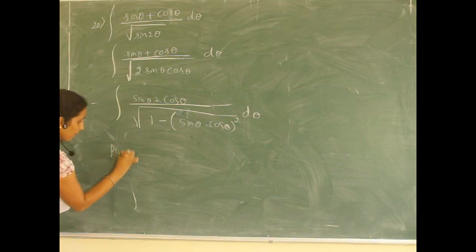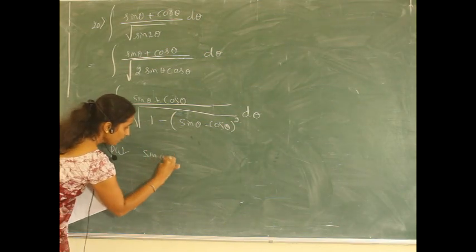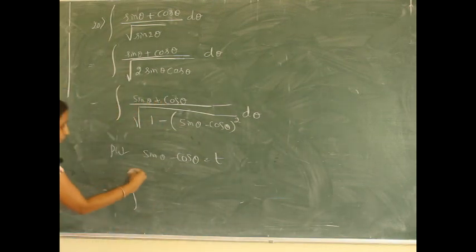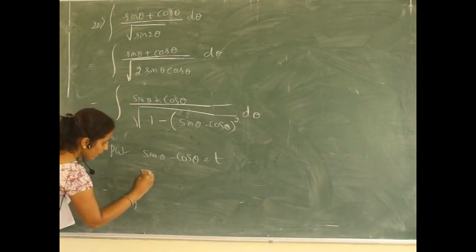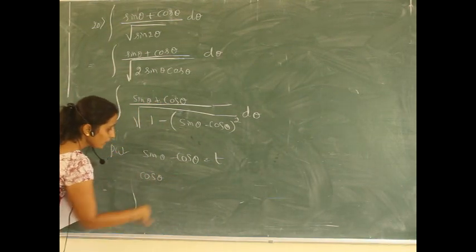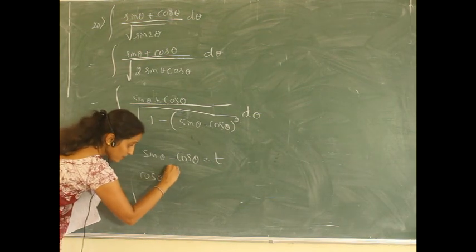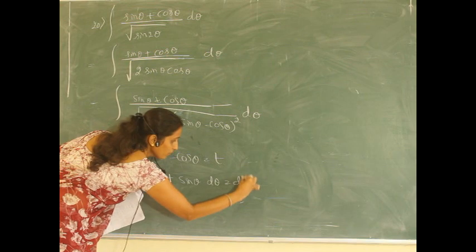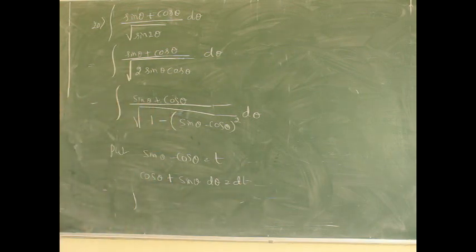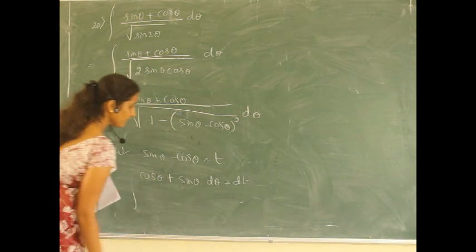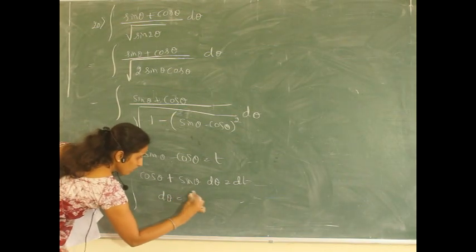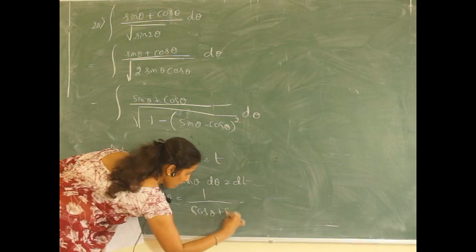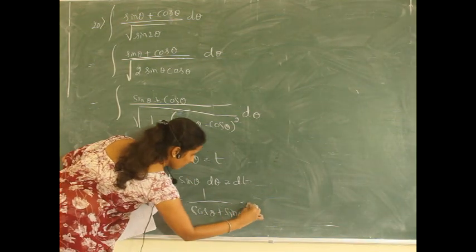Now put sin theta minus cos theta equal to t. Differentiating, the derivative of sin theta is cos theta, and the derivative of cos theta is minus sin theta, so plus sin theta, so cos theta plus sin theta d theta is equal to dt. So we can write d theta as 1 by cos theta plus sin theta dt.